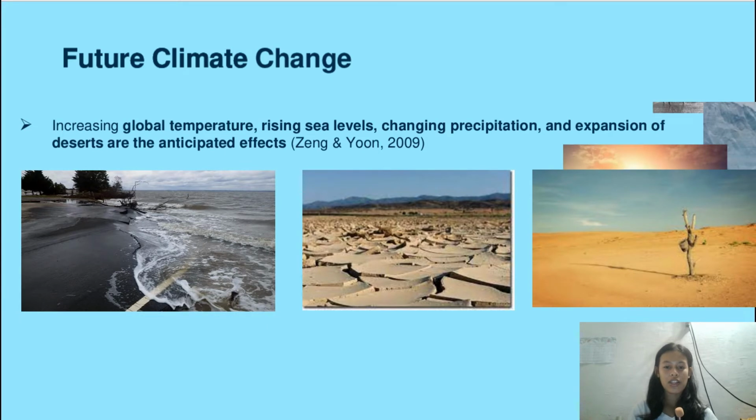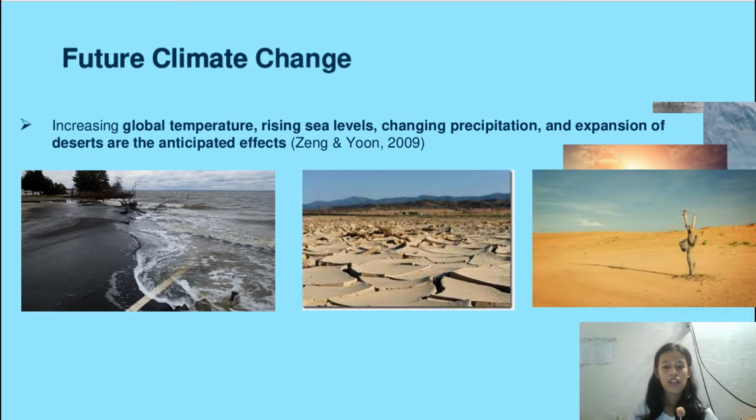Next, increasing global temperature, rising sea levels, changing precipitation and expansion of deserts are anticipated effects. Temperature rises as global warming is expanding.